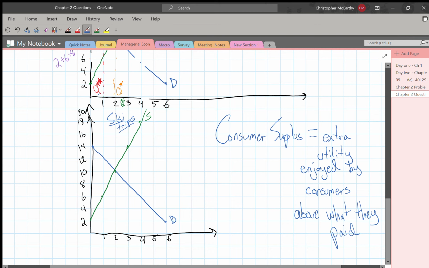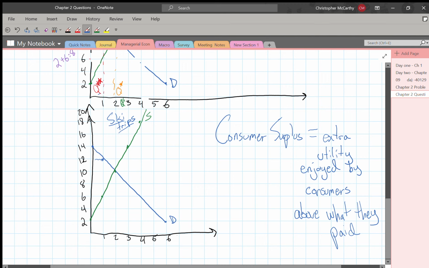And so what is the demand curve? It's a schedule, right? It's telling us that at certain prices, this is how much people are going to want. And so at $12,000, there's going to be one ski trip that's desired. But the price isn't $12,000, right? The price is $10,000.